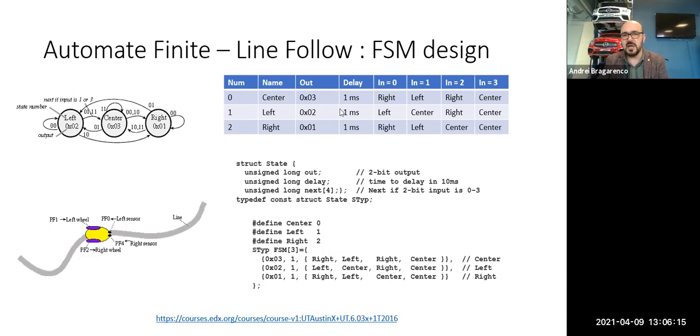In this case, if it's left, keep left until you reach the line. If we are in the right and lost both sensors, go to the right. And here we have vice versa. When it is on the left and we are driving left and still have a sensor on the vice versa, in this case, keep the center.